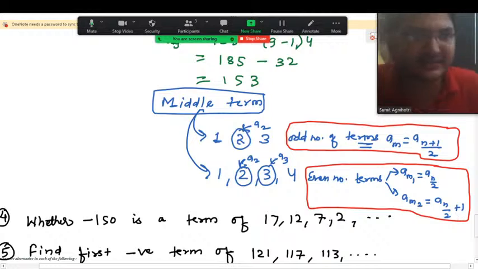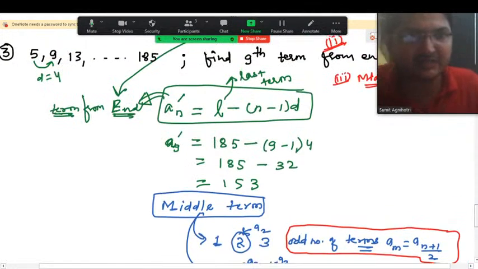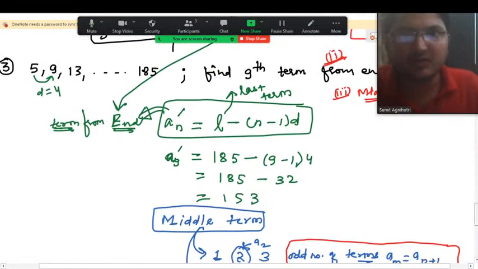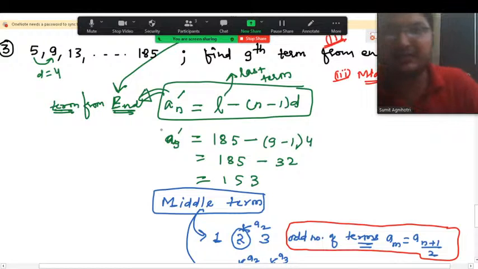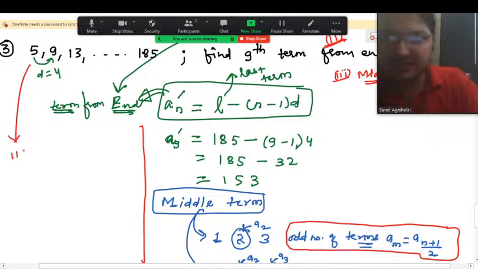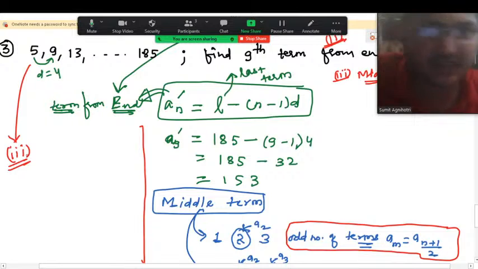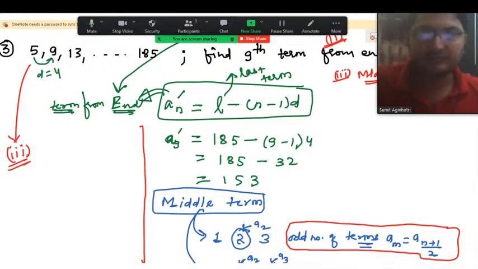In this case, how will you decide how many terms are here? First you need to find out how many terms are here. If you want to answer the third question, first you need to find out how many terms are here.